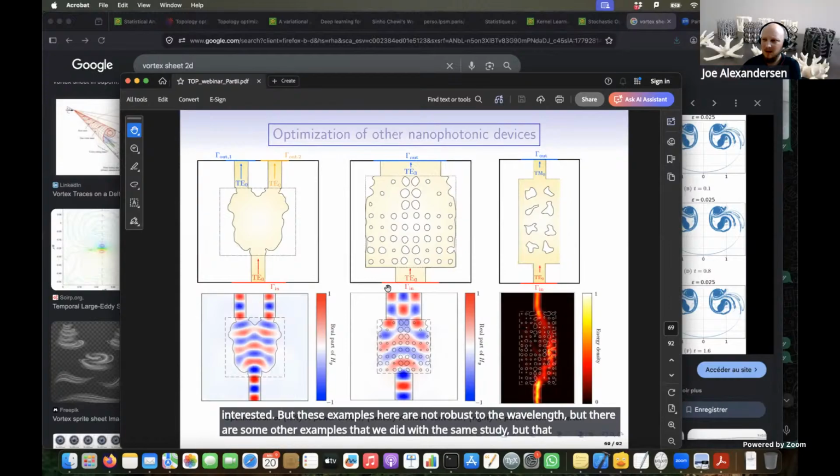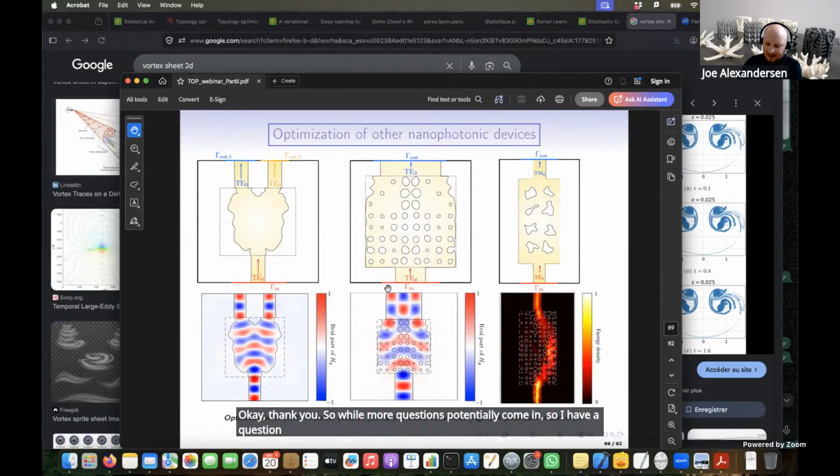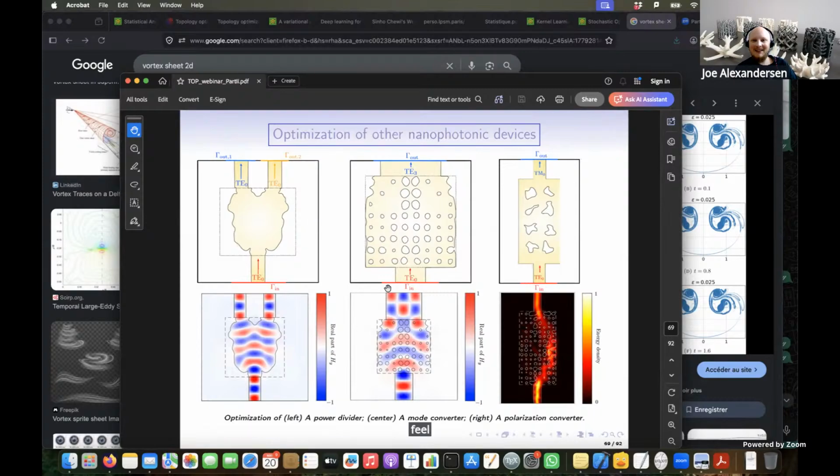Okay, thank you. So while more questions potentially come in, I have a question. As someone coming from the density methods side of things, I have always heard, and maybe still feel, that shape gradients are difficult. Of course, you also have to get used to the approach of doing the analytical adjoints for density methods.